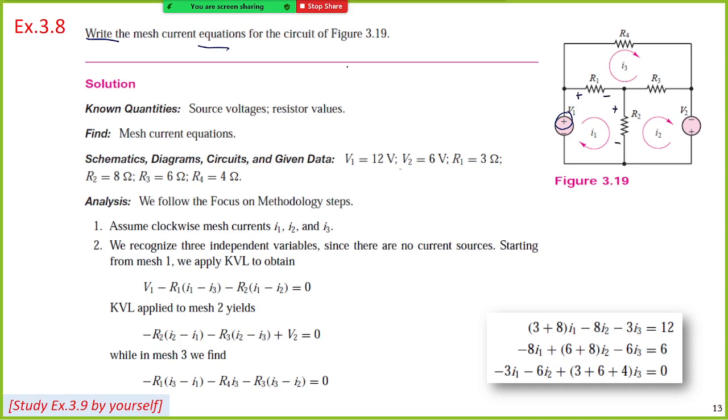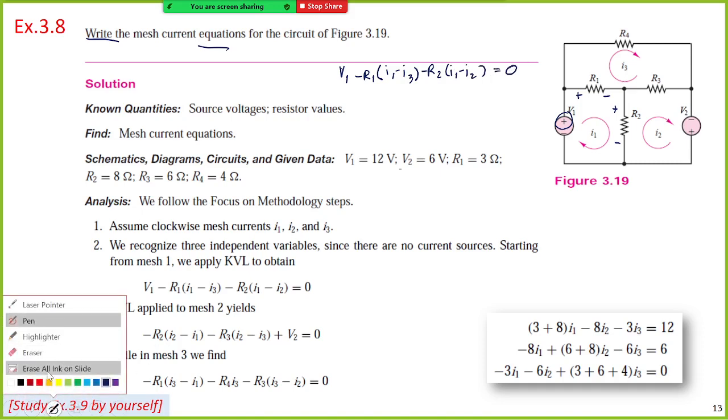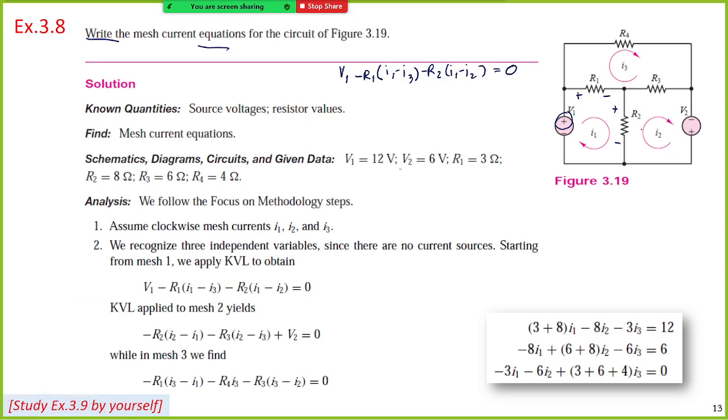So the first equation would be V1 minus R1 with I1 minus I3, and then minus R2 with I1 minus I2, equal to 0. This is my first equation. And then for the second mesh equation, I will go in this direction.